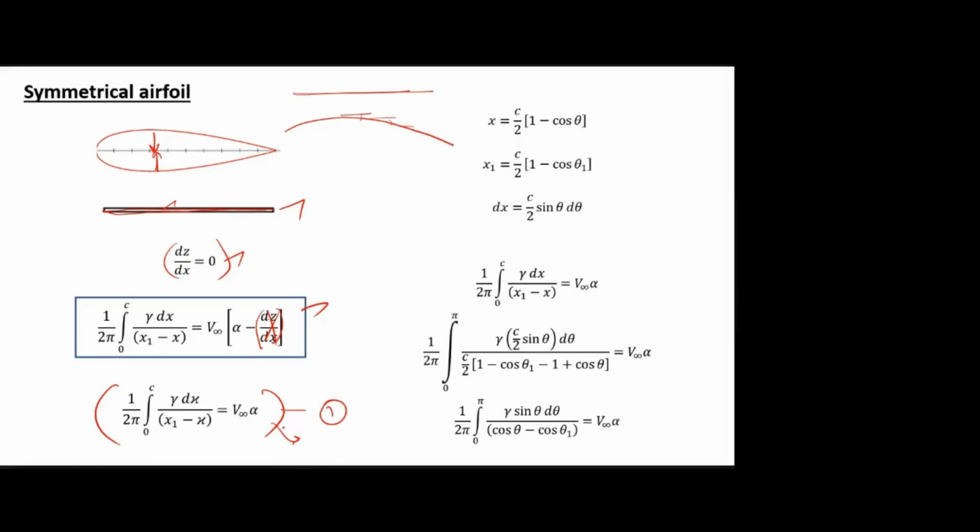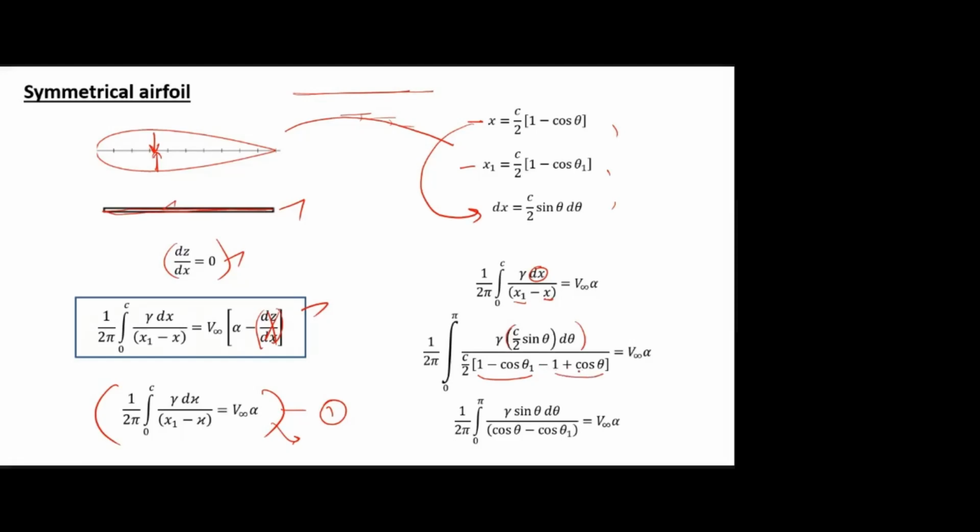The first step is the coordinate transformation from x to theta. So x is c by 2 (1 minus cos theta), x1 is c by 2 (1 minus cos theta 1), and if you differentiate this, you get dx equal to c by 2 sin theta d theta. Now substitute all these terms in equation 1. Instead of dx, I take c by 2 sin theta d theta; instead of x1, c by 2 (1 minus cos theta 1); instead of x, c by 2 (1 minus cos theta).